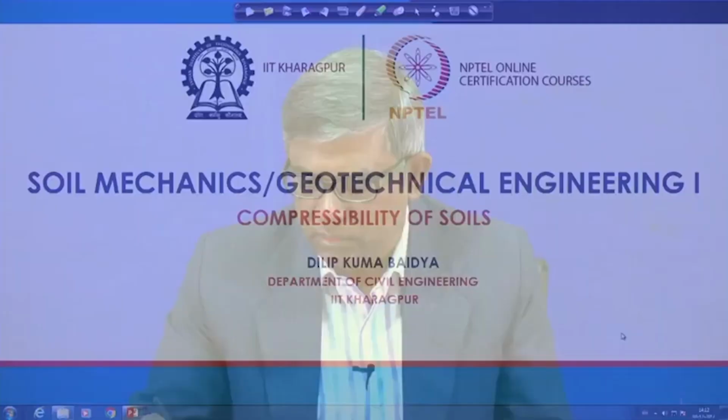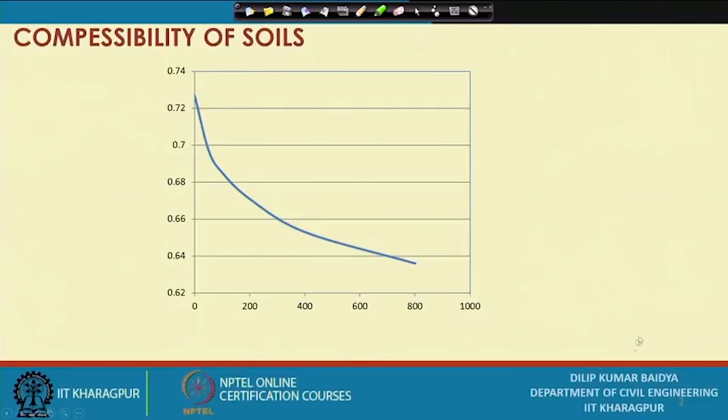This is the one we tabulated in the previous lecture: this is the pressure, and this side is the void ratio.